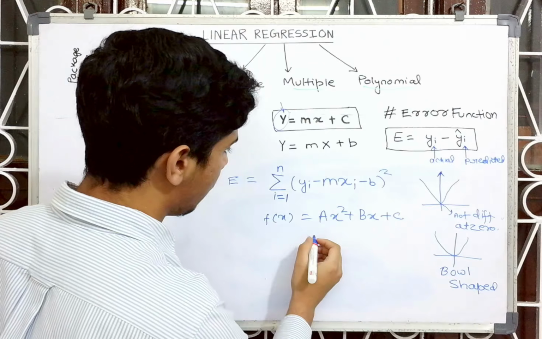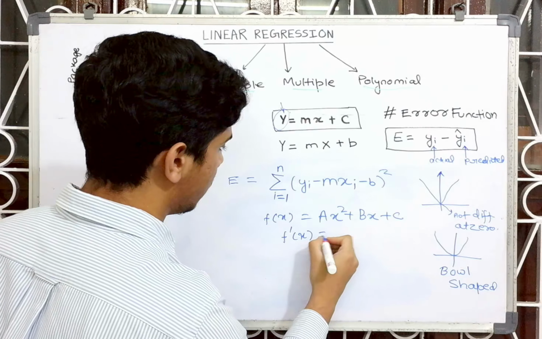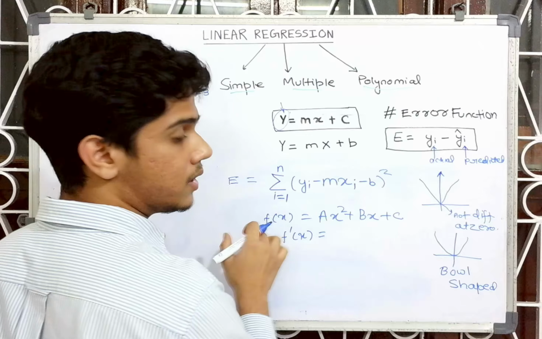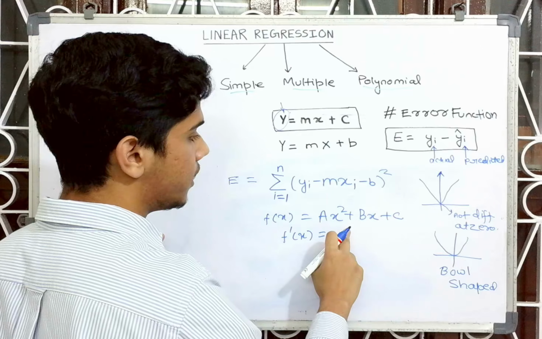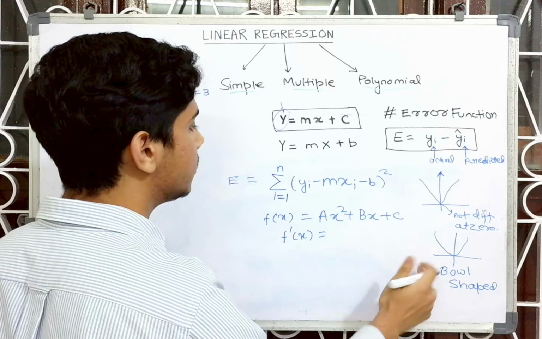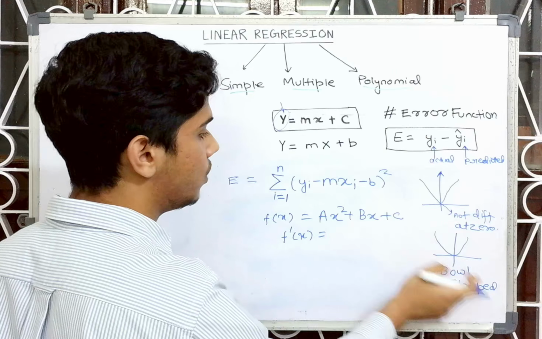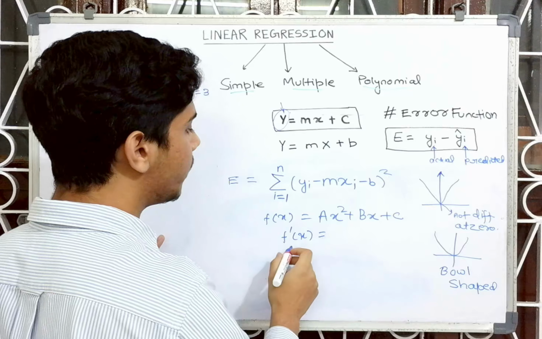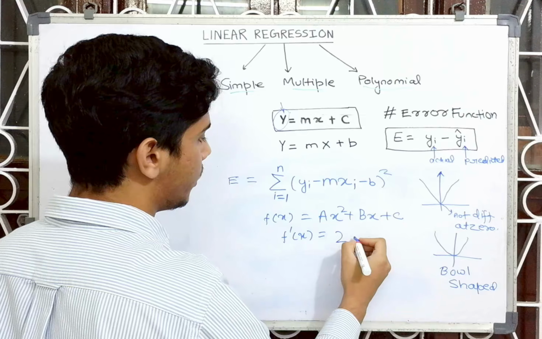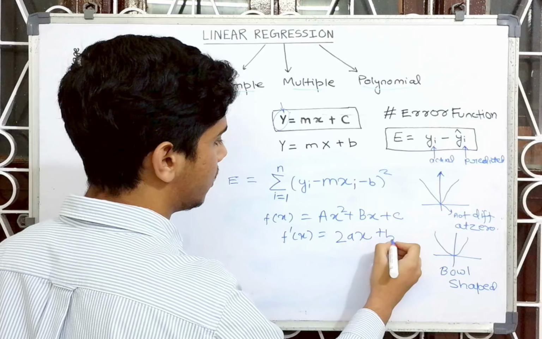So for that, if we take the differentiation, first we should discuss this equation. This equation tells that this will be plotted like a bowl shaped curve. These two equations have the same type of graph. If we take the differentiation, we will get 2ax plus b, right?